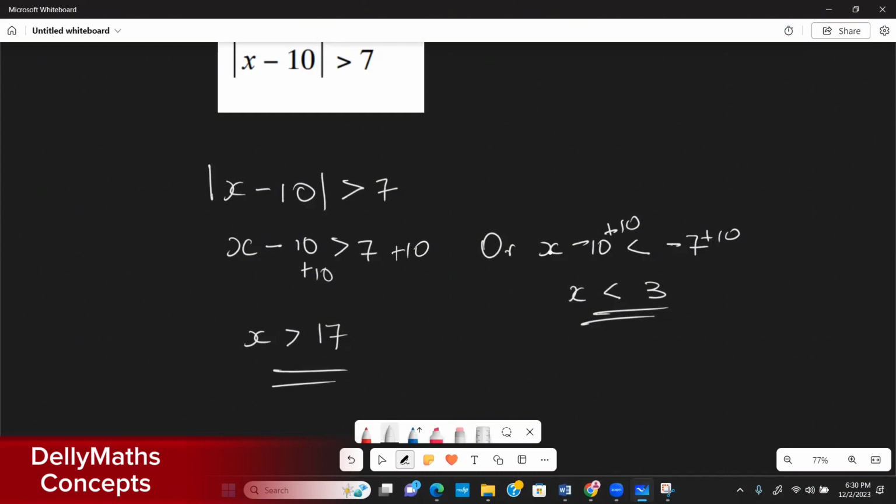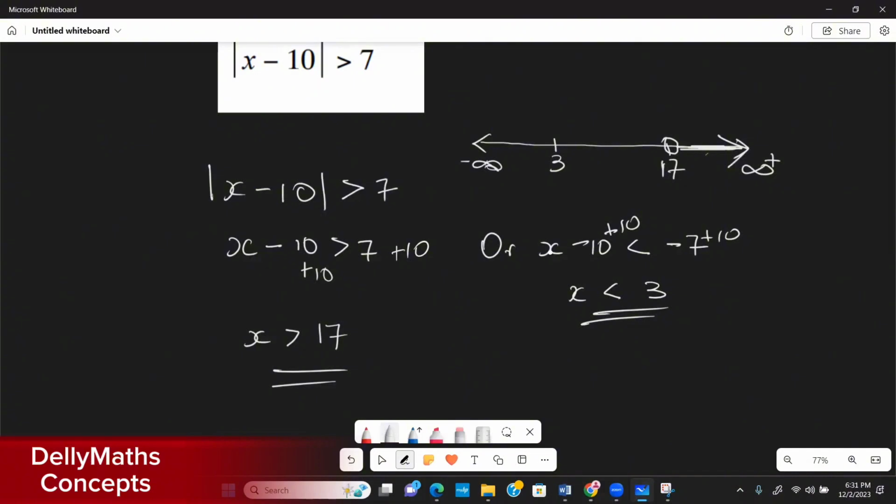Now, if I'm supposed to represent this on the number line, this is -infinity, and this is going to be my positive infinity here. 3 is going to be somewhere here, 17 there. Because we do not have a bar underneath our inequality, we're going to have an open circle at 17, and then we're going to point towards positive infinity, going that way.